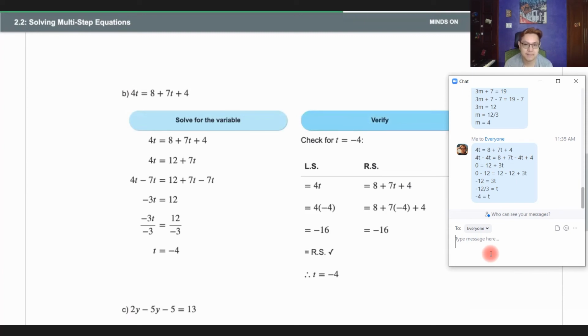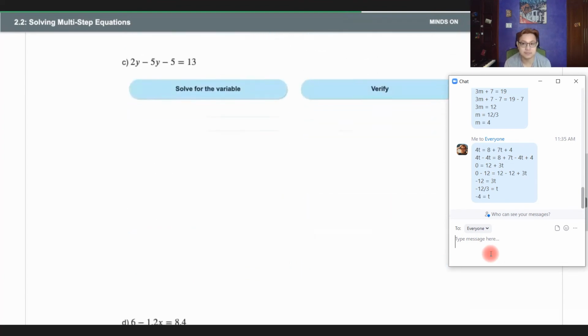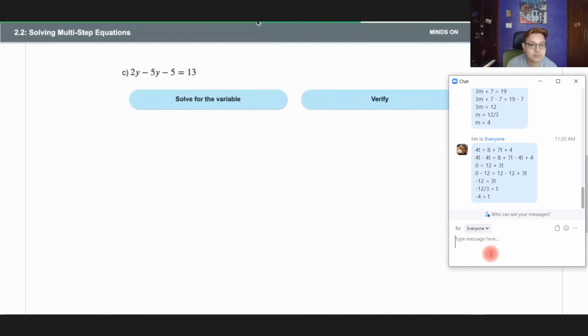Plug it back into the original. Both sides are equal. Okay, then it's good. Then that's a good solution. Now you got C.